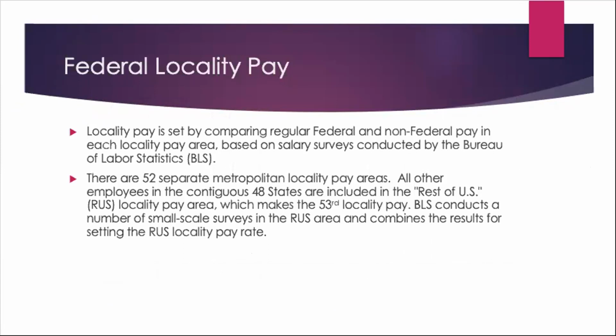So the way they set this federal locality pay is by basing it on federal and non-federal pay across the board, and they do salary surveys conducted by the Bureau of Labor Statistics. And there's 52 different metropolitan pay areas. And then the 53rd is considered the rest of the US, which is basically any county that doesn't fall into one of these 52 designated locations.